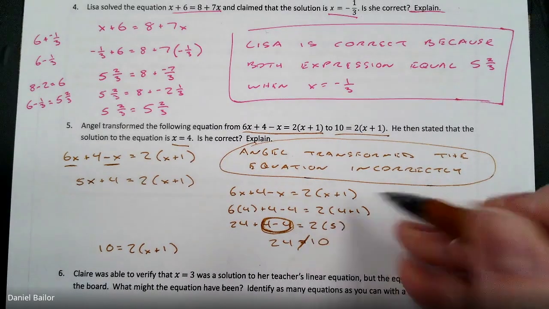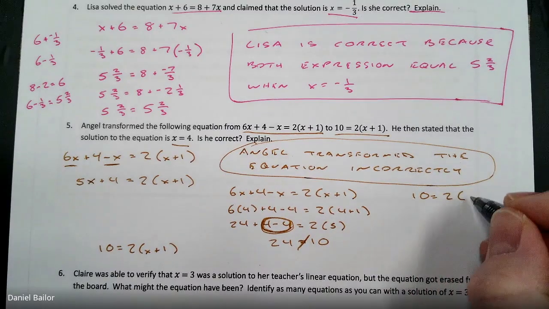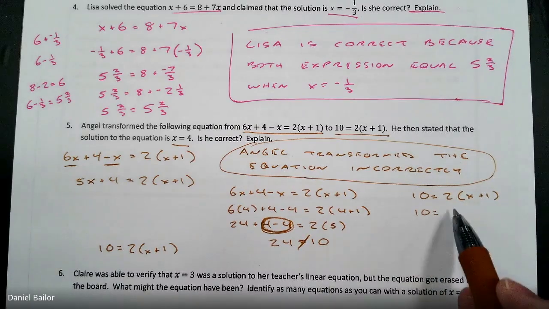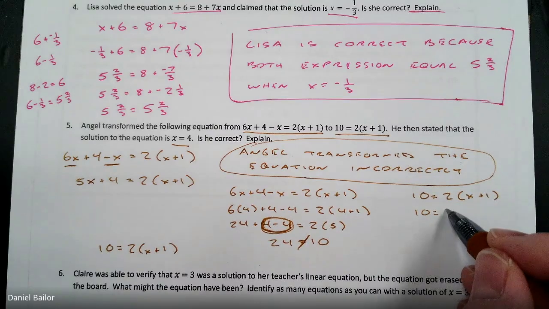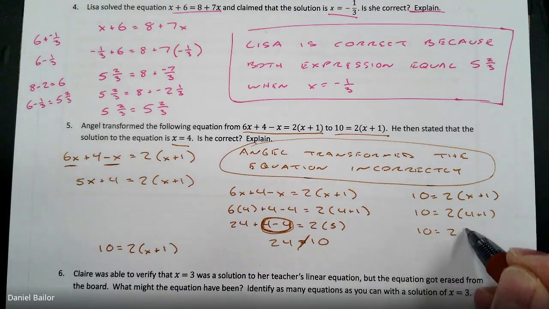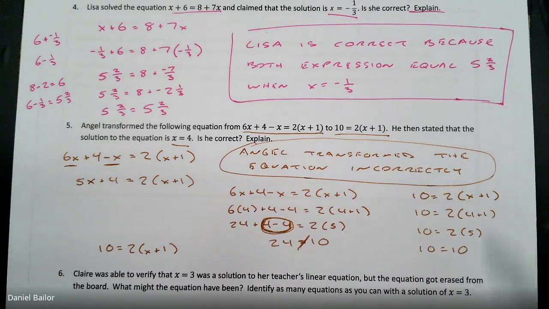So this one's wrong. Let's look at the equation he got. This is what he thought it turned into. Let's put 4 here. 4 plus 1. Oh, his wrong equation works.